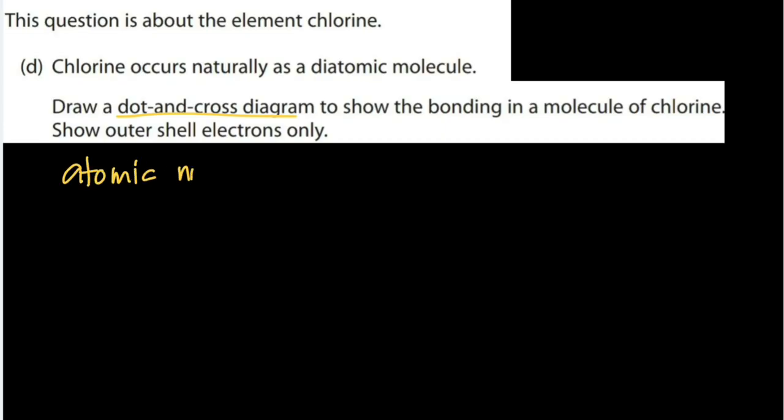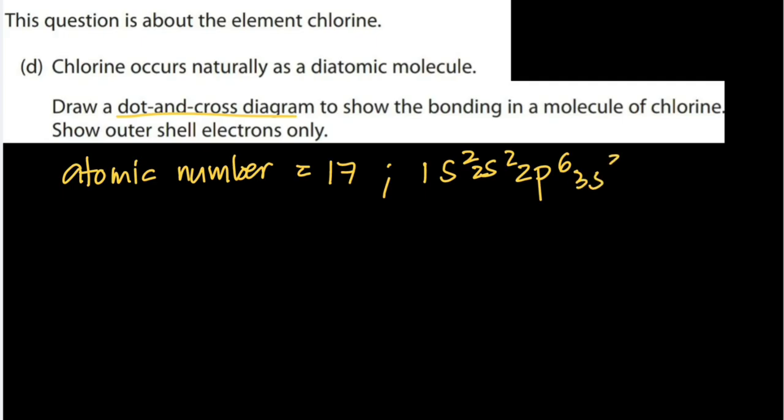So we know that chlorine has an atomic number of 17, and its electronic configuration is 1s2, 2s2, 2p6, 3s2, 3p5. So each chlorine atom here has 7 valence electrons in the outermost shell.